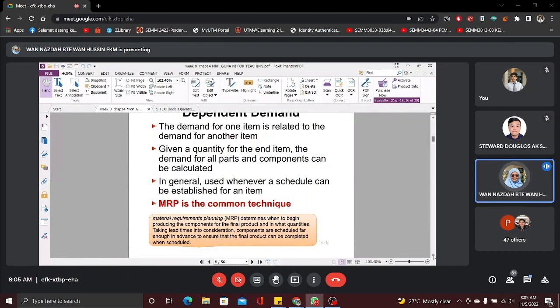But for a student, we try as much as possible to get you to know what's behind the MRP system software. That is why you need to do a little bit of manual calculation, so you will know what is actually happening in the MRP system.